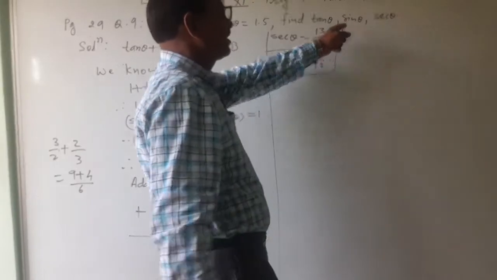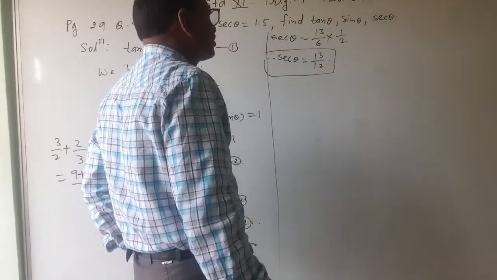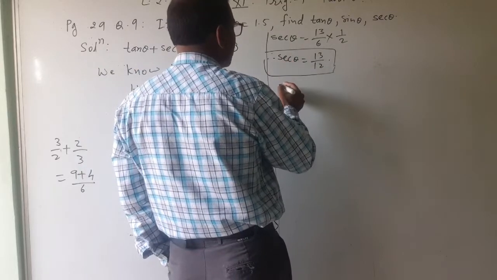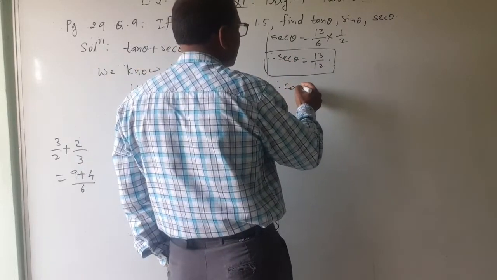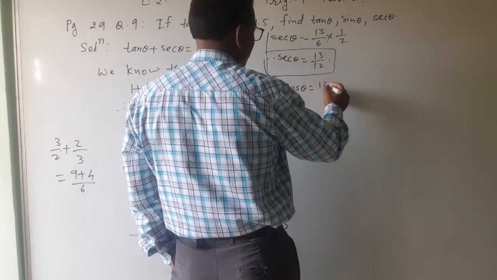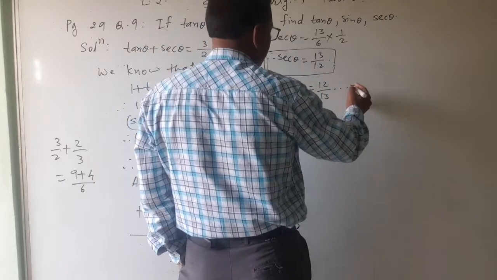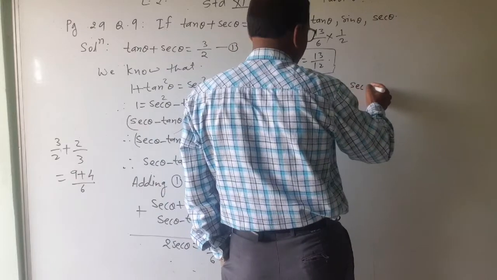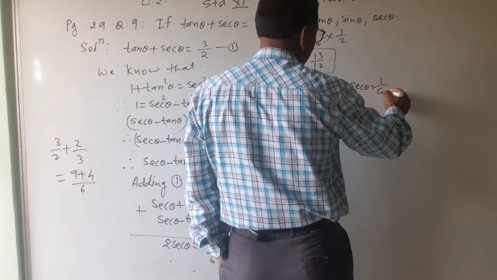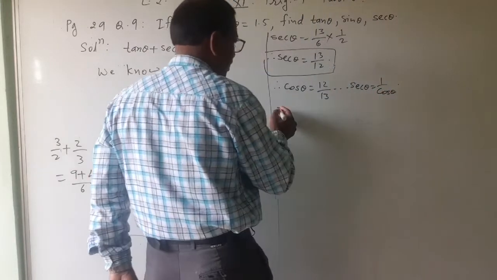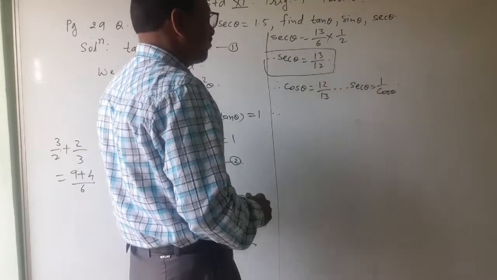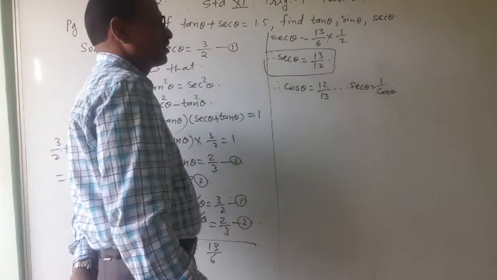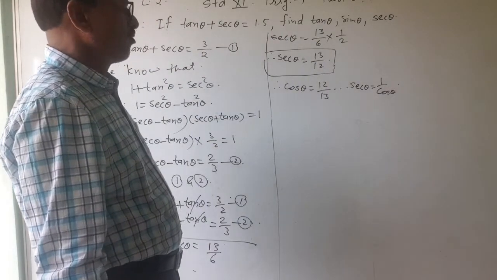Now I have to find sin theta also. So how can I find sin theta? Take the inverse of this. Therefore cos theta is equal to 12 upon 13, because sec theta is nothing but 1 upon cos theta. Now we know another trigonometric identity, sin square theta plus cos square theta is equal to 1.